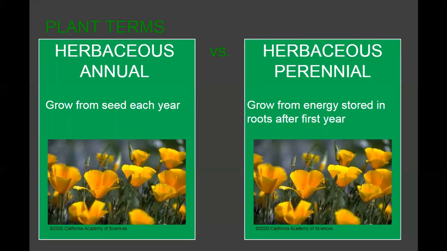But the root survives under the ground, and the plant can pop up again the next year. So it has those two different ways that it can grow. If you have poppies in your landscape, once they die, don't pull them out, just leave them, and odds are they'll return.